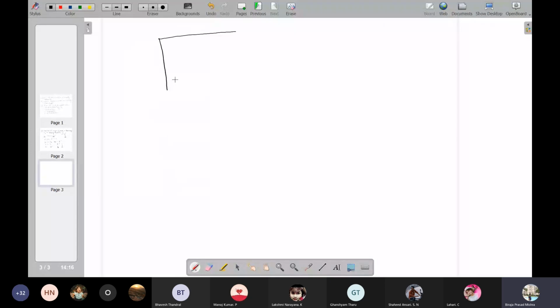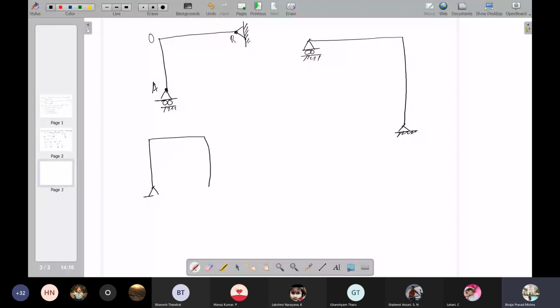Okay, similarly, one more structure can be like this. Another structure can be like this. Both are hinged. Another structure may be like this. Now this is a roller and this is a fixed one.